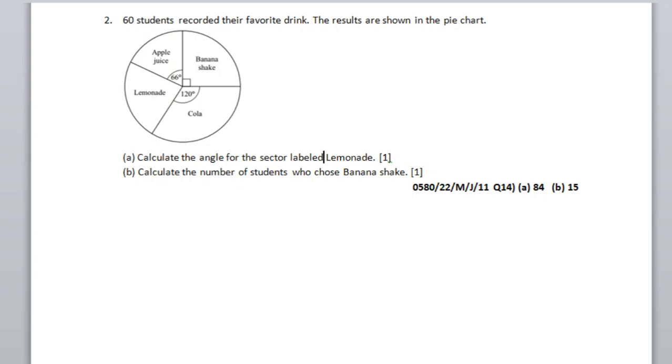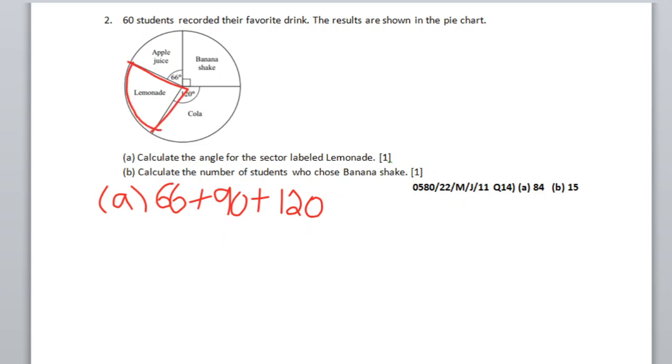So again, the sum of all angles originating from a point is 360 degrees. So for part A, we'll add all of the angles 66 plus 90 plus 120, and the angle belonging to the lemonade sector is this shape, right?